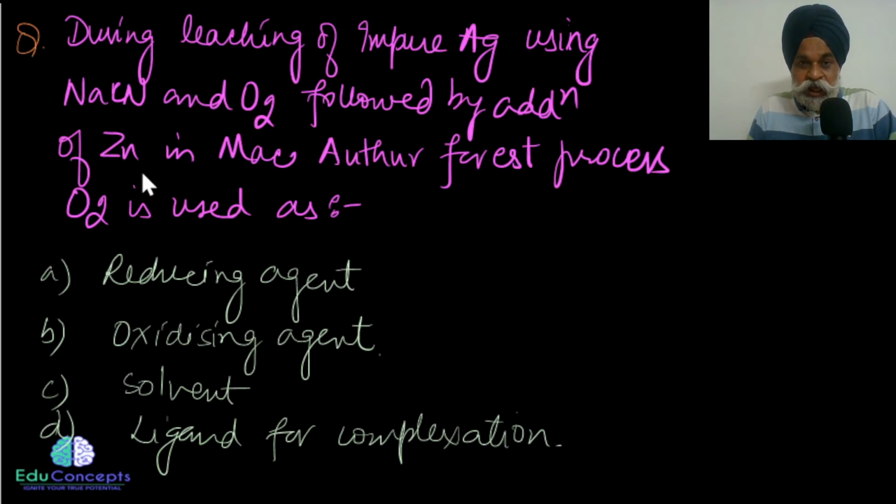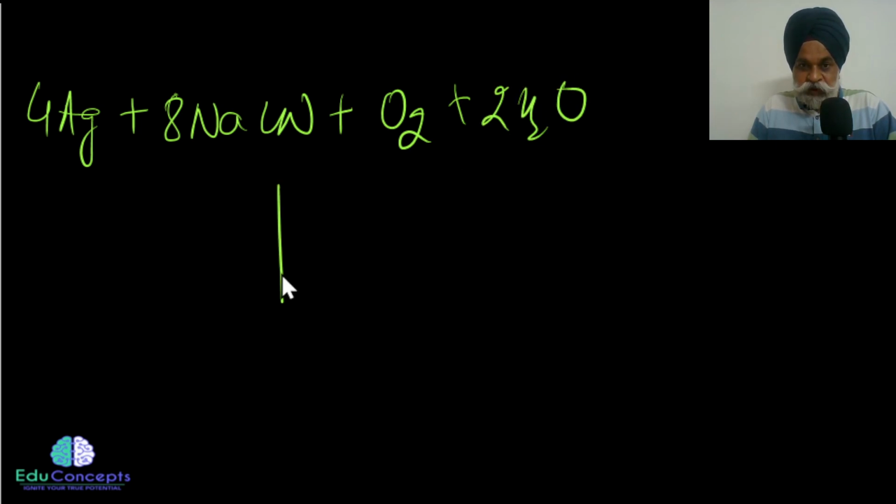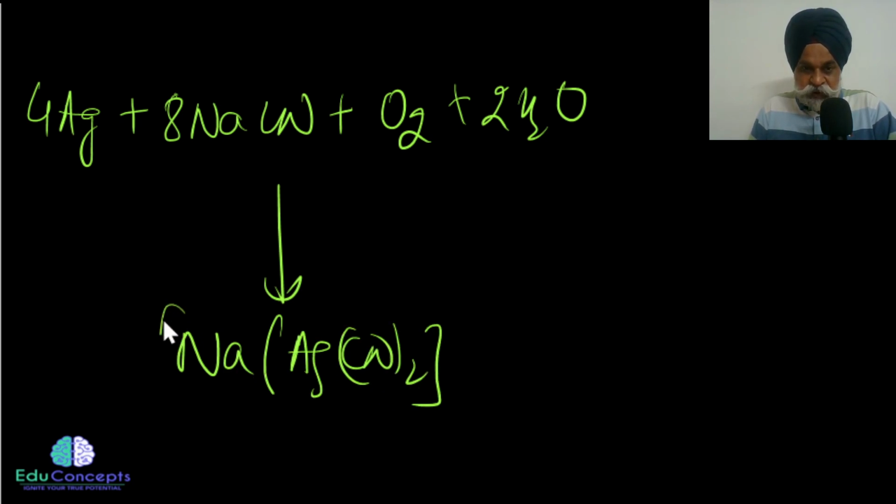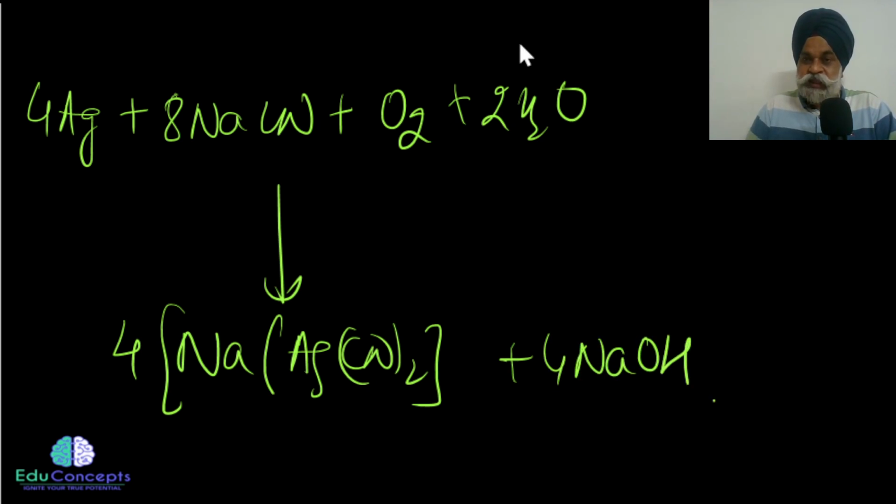Lastly, during the leaching of impure silver using sodium cyanide and oxygen, followed by addition of zinc in the MacArthur process, oxygen is used as an oxidizing agent. During the reaction we wrote 4 silver, 8 sodium cyanide, oxygen and 2 water, which gives you a water soluble sodium complex along with 4 moles of NaOH. First you have to see, is it a redox reaction?